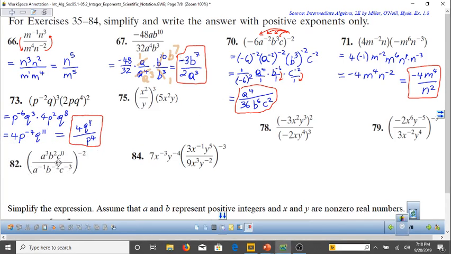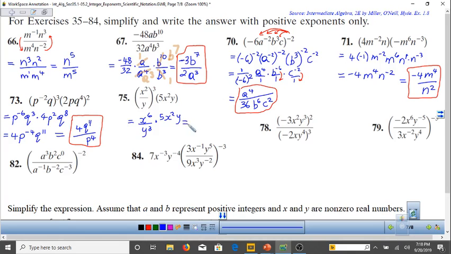Let's move that down slightly. Let's move on. Then we have this example here. We distribute the exponents again. So we get x to the 6, 2 times 3 is 6, over y cubed, then times 5x squared y.